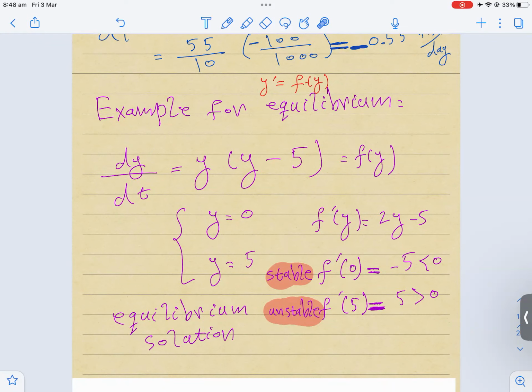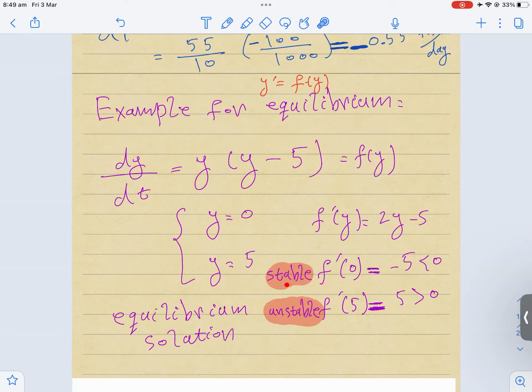The stability and instability of the equilibrium solutions can be determined in two ways. One of the ways is using the second derivative test, the second derivative of y or first derivative of f. If I take it, f prime of y will be 2y minus 5. If I substitute y equals 0 in this, I will get minus 5, less than 0.